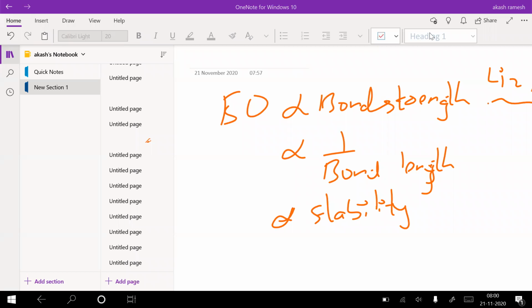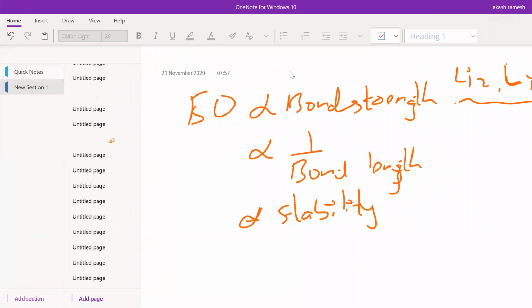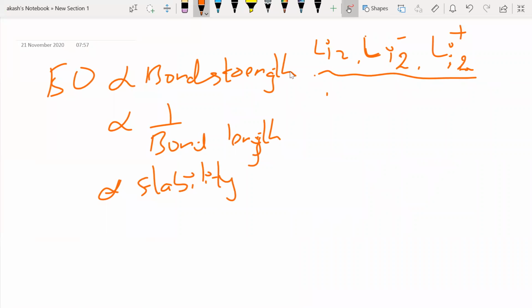Okay, so that means you're telling Li2 minus is more stable than Li2, and that is more stable than Li2 plus. Okay. Right. Fine. So first, do me a favor. Tell me the bond order for all of these. What is Li2's bond order?